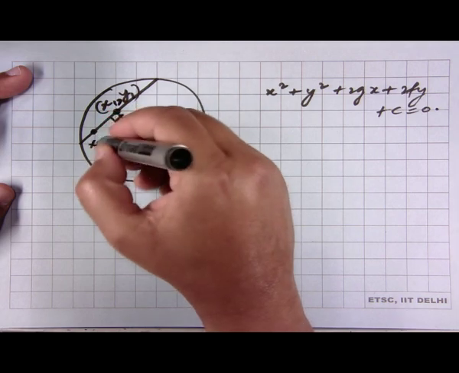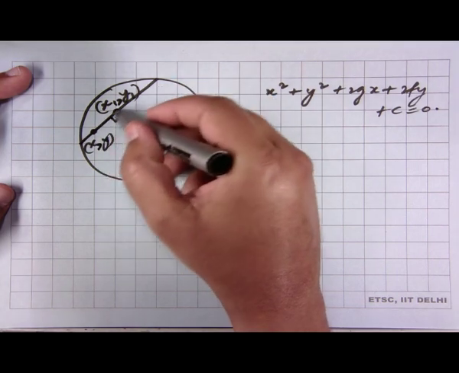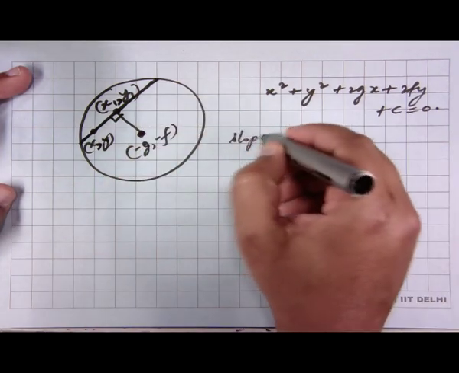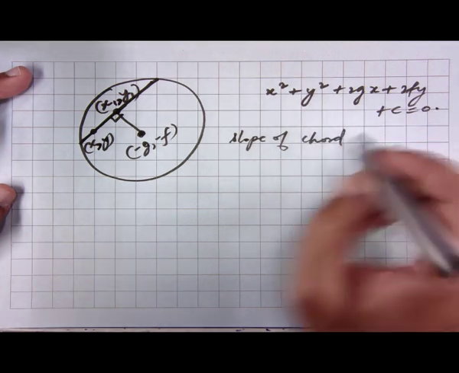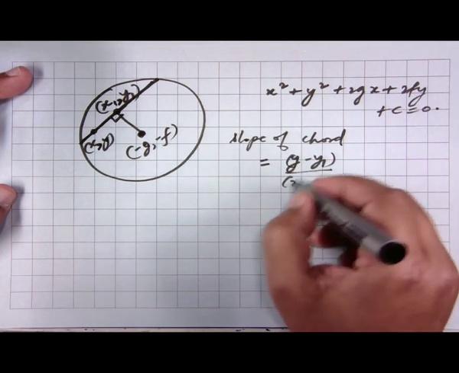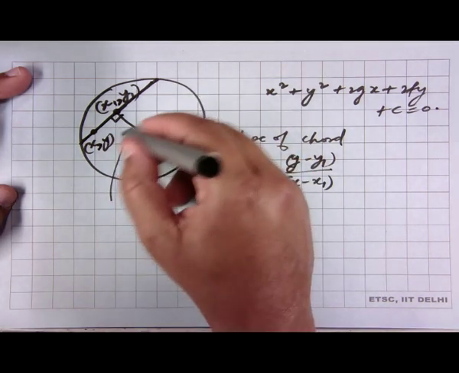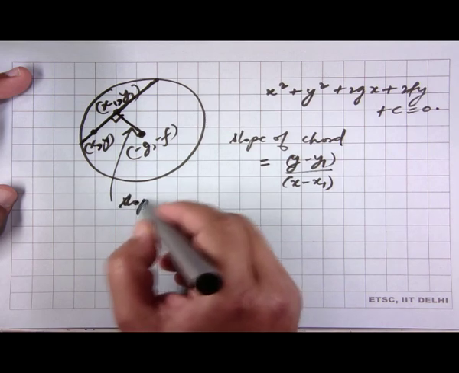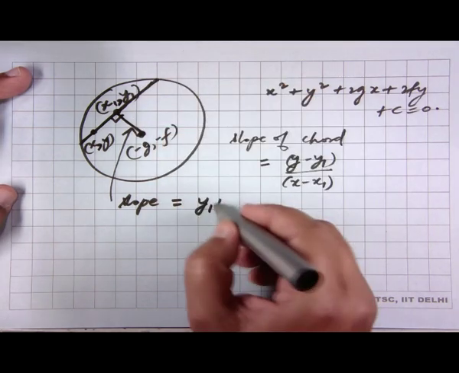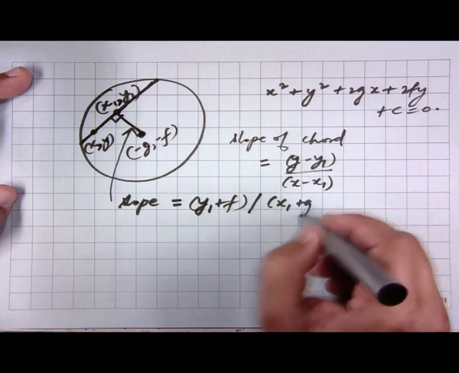Let us say there is any other point x y on the chord, then the slope of this chord is and the slope of this straight line is equal to y1 minus f divided by x1 minus g, which is this.